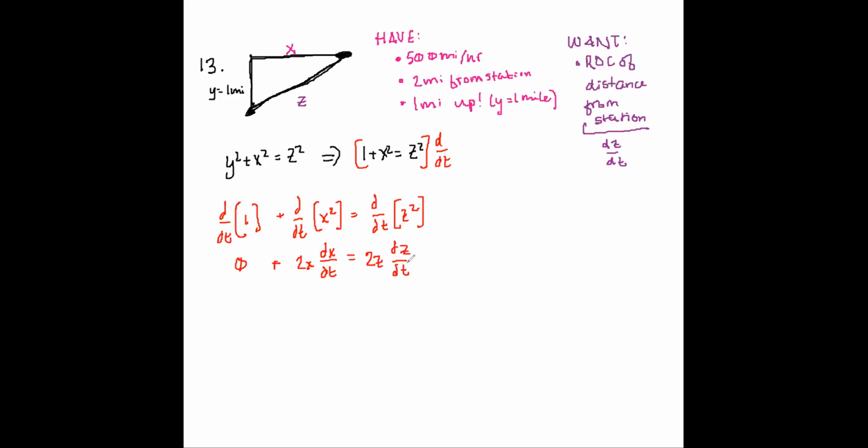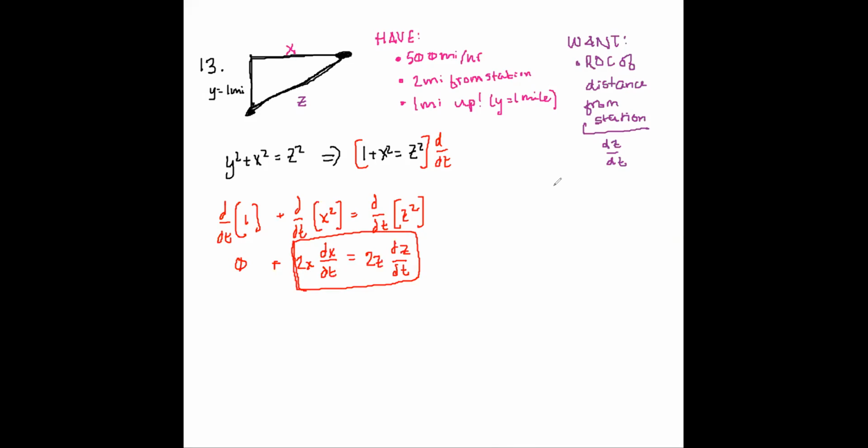So now we have this equation that relates x and z and dx/dt and dz/dt. Now we need to finish solving the problem in part E. How are we going to finish solving this problem?